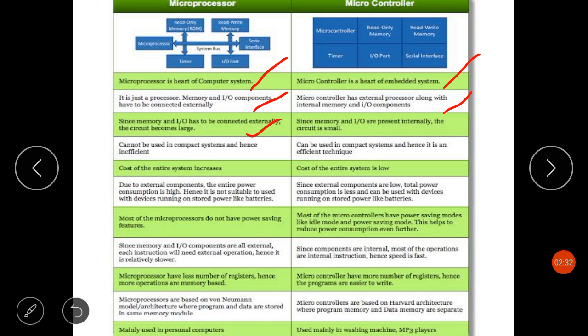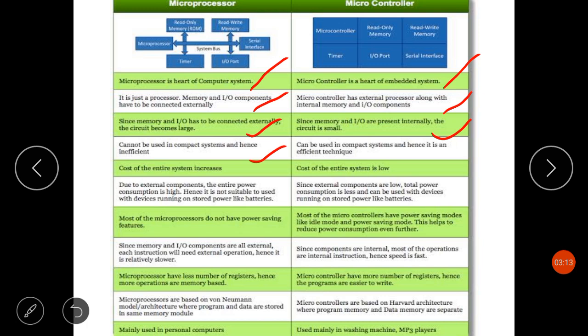Since the whole system consisting of a microprocessor is bulkier, it cannot be used in compact systems, and hence it is somewhat inefficient.